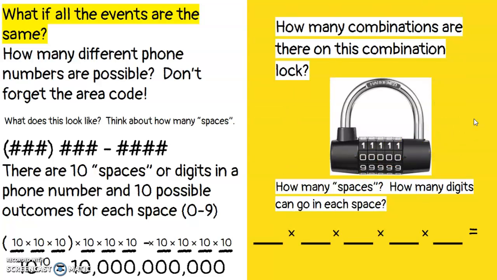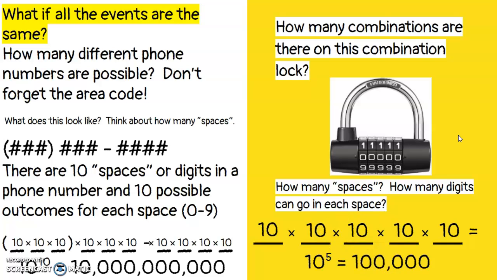So we have our 5 spaces. Drawing out the 5 spaces is helpful, and then filling in how many digits go in each. Well, there are 10 in each. So multiplying 10 times 10 times 10 times 10 times 10, we get 10 to the 5th power, or 100,000 different combinations for this combination lock.